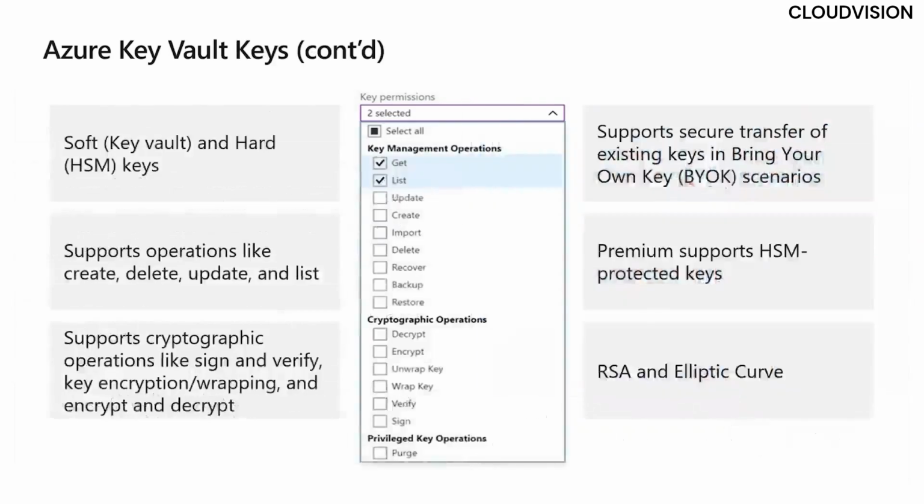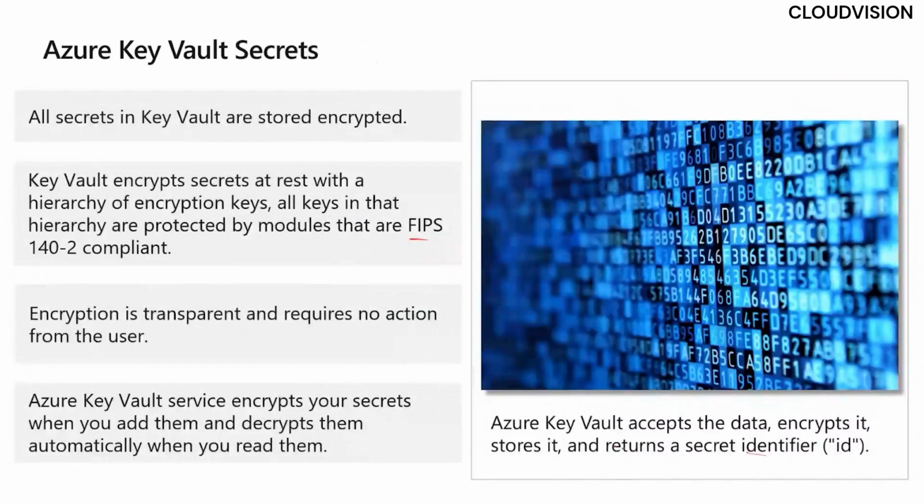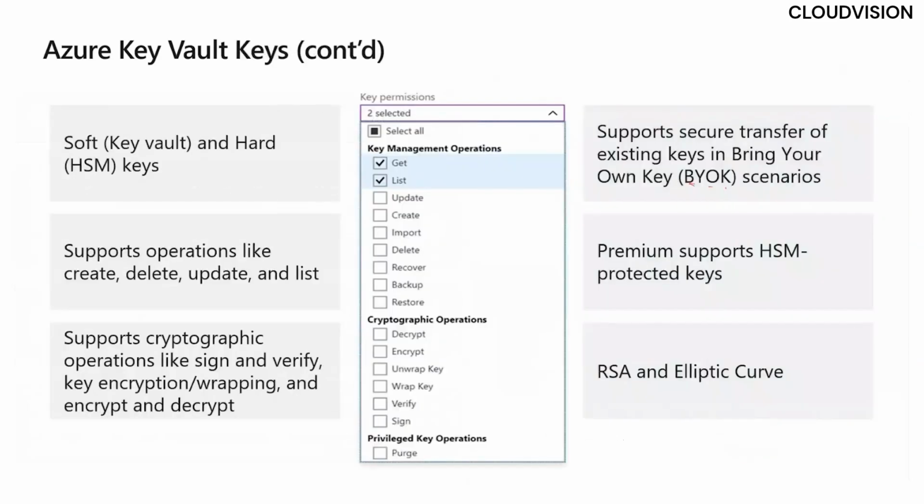When it comes to the secret, there is one more thing. The moment you keep your secret in the key vault, we get the secret identifier. That is called the secret identifier ID. This is how we share that with others. Using that identifier, we access them.